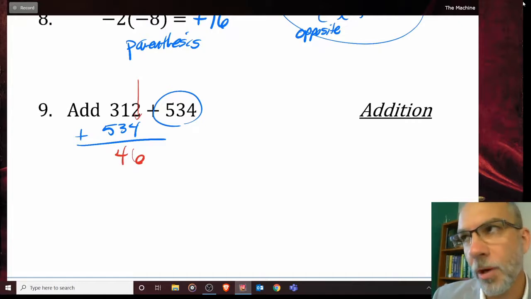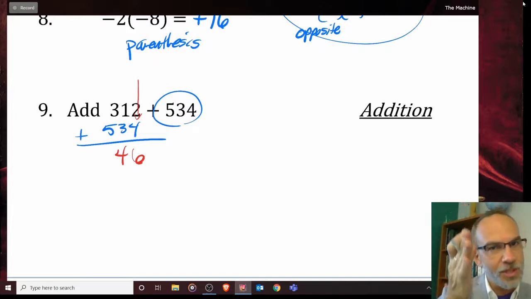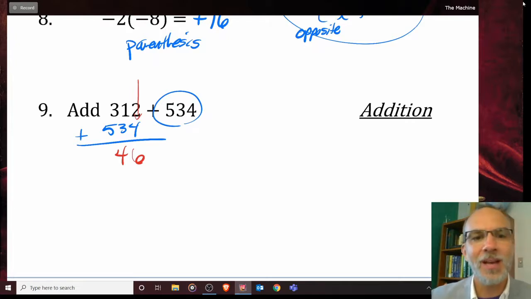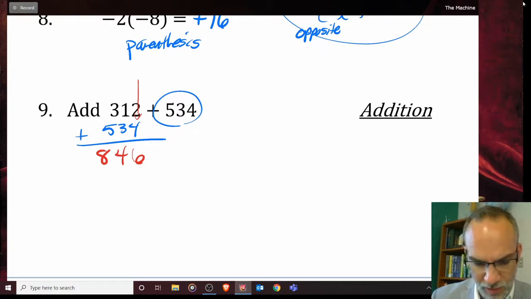It's actually not 1 and 3. It's 10 and 30, which is 40. But if you put the number in the proper position, the place value takes care of itself. You don't even have to think about that. And then 3 plus 5, which is 8, but actually we're adding hundreds, and so there we go, 846.